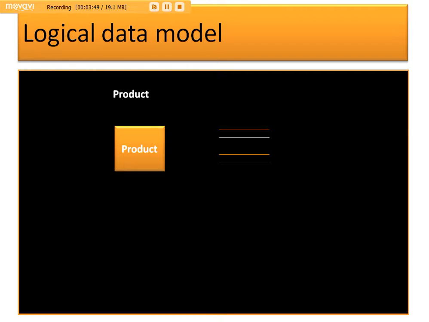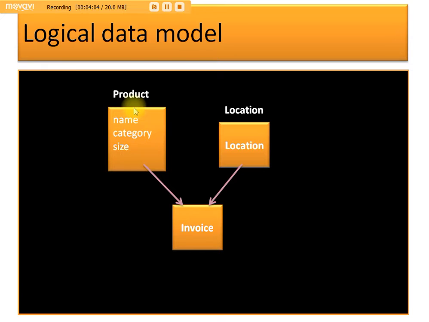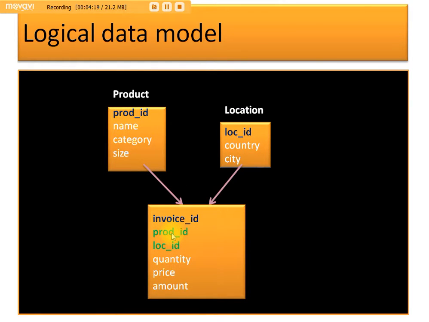Logical data model is the second phase of data modeling. After the conceptual model, under each object or each table, the attributes will be defined, I mean column names will be defined, along with the primary keys. Here you can see for the product table, the primary key is product ID, and for location it is location ID, and the invoice table will have foreign keys of product and of location, and invoice ID.